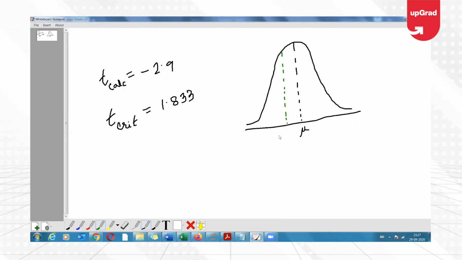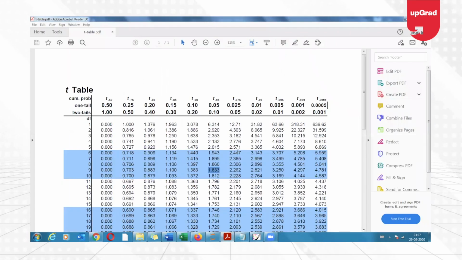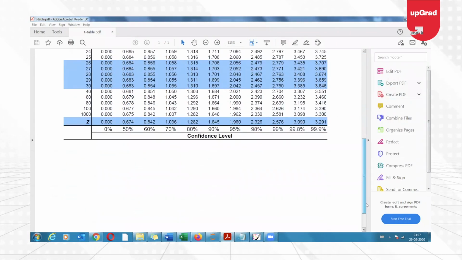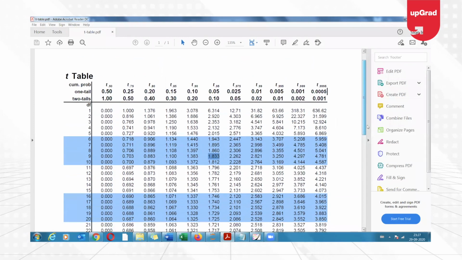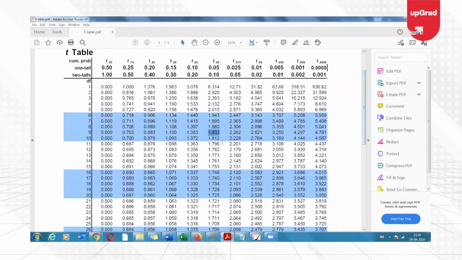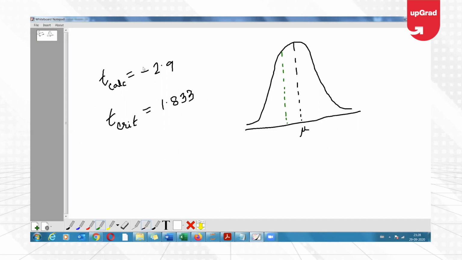The way the t table is constructed, it does not take care of negative values. So whenever we get a positive value and we have to work with a negative value, since t calculated is negative, we'll put a negative value here. So this point is my t crit.